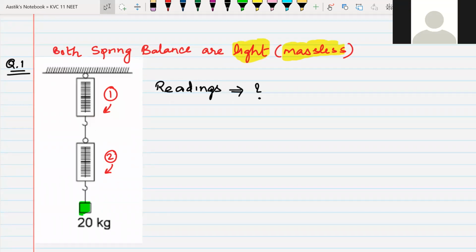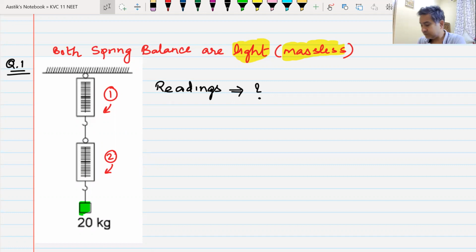Do we have any answers here? What is the reading of the spring balance, my dear friends? Anyone?